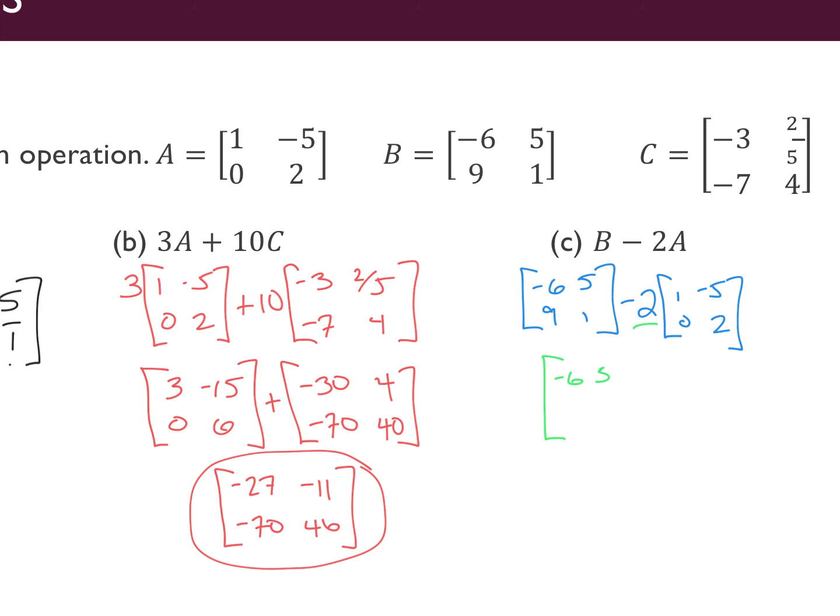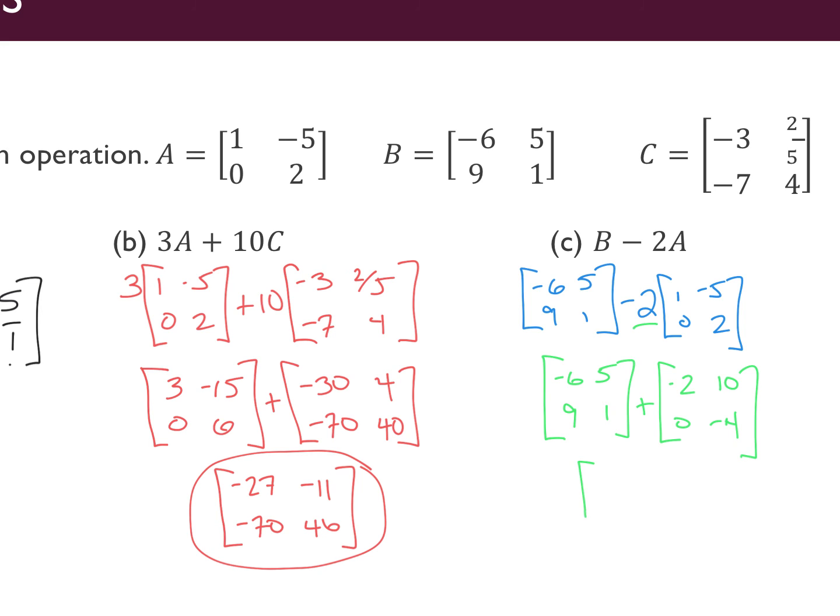So I'm going to keep the first matrix the same, and I'll change the minus to a plus and distribute negative 2 through the second matrix.